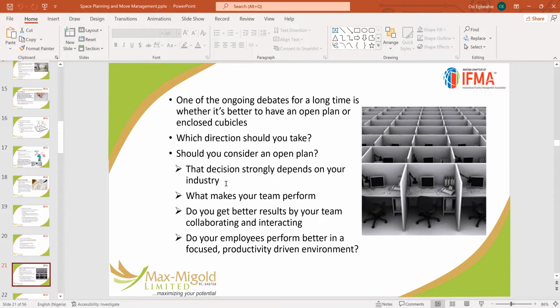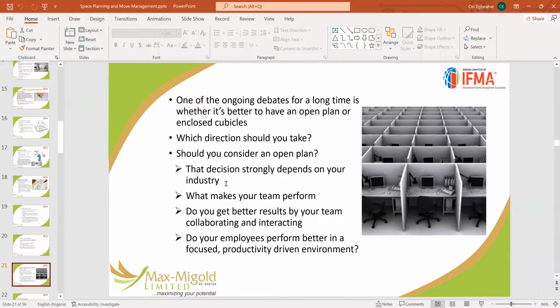What makes your team perform better? You need to understand if they work together in an open space, will they perform better? Do they get better results by your team collaborating or interacting? Do your employees perform better in a focused, productive, driven environment?